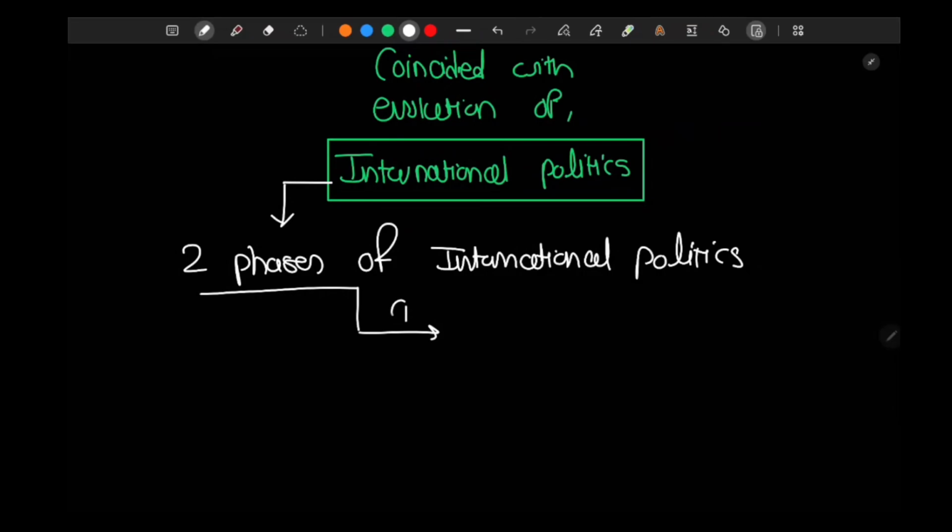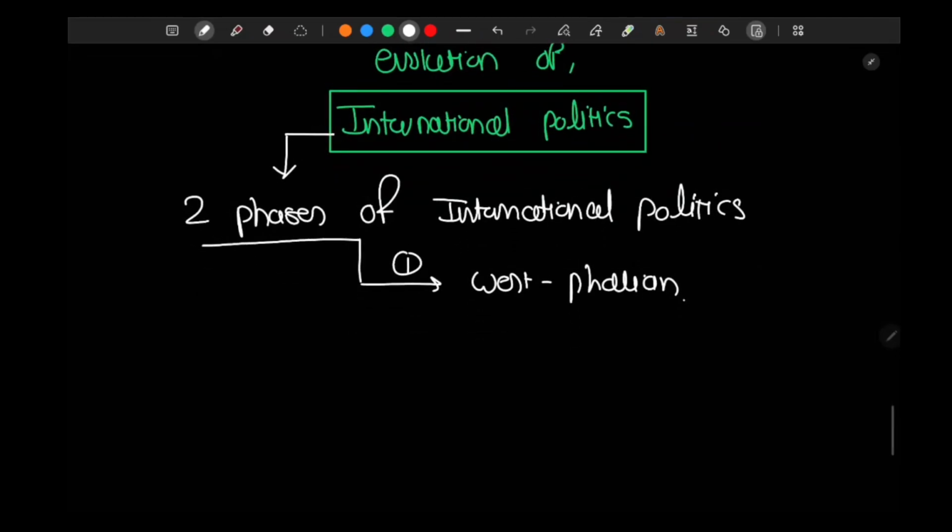The first phase is Westphalian. The second phase is post-Westphalian, right? What is Westphalian or what is post-Westphalian? We should understand that first, right? It becomes very important to understand what is Westphalian.